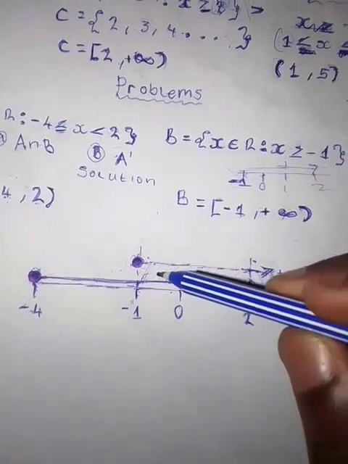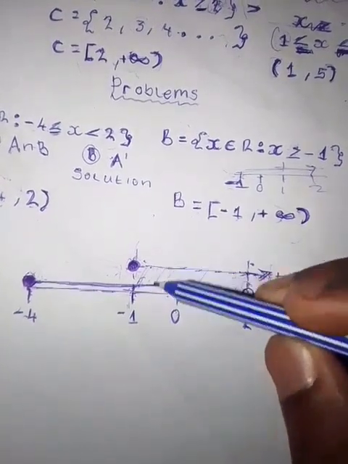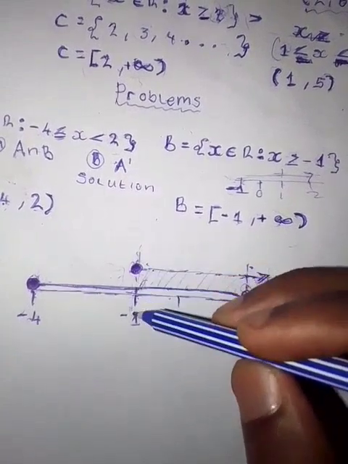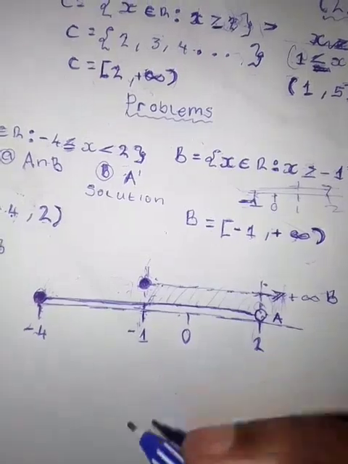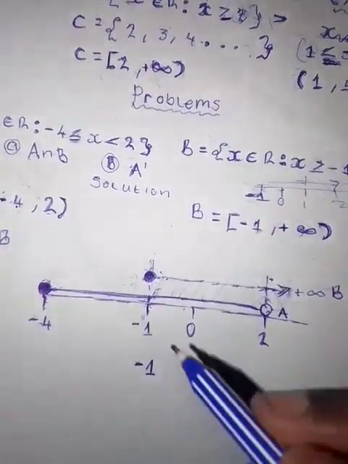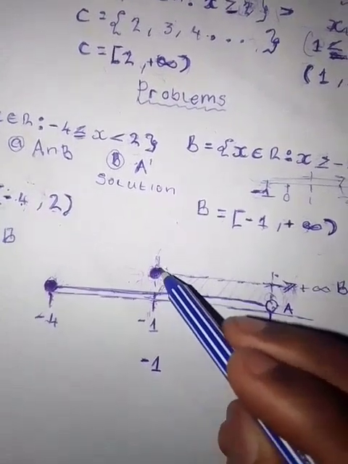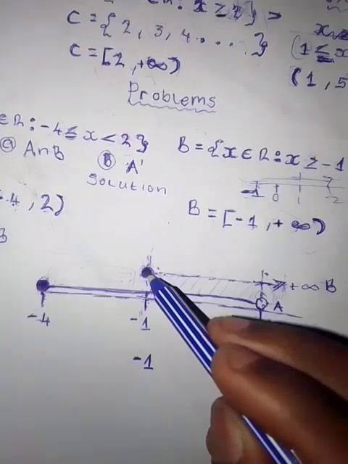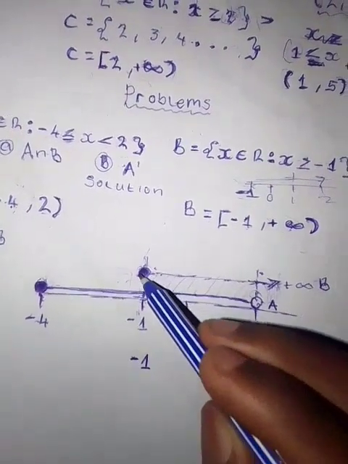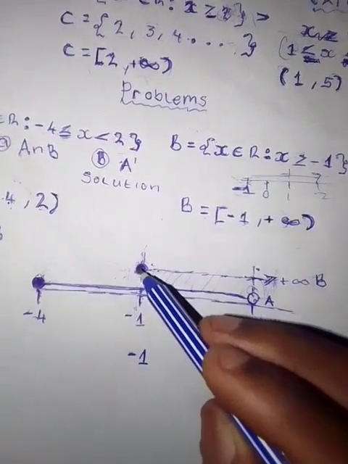As you can remember, we found that here is where the intersection is. The starting point of the intersection is negative 1, right? So you're going to write negative 1. Now you're going to see which kind of bubble we have where negative 1 is. Is it shaded or not shaded? If it is shaded, it means that it is part of the set, in that it is accompanied by a square bracket, right?